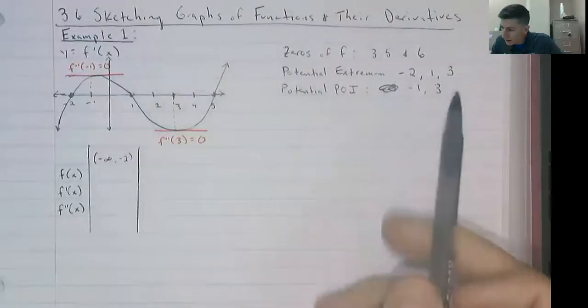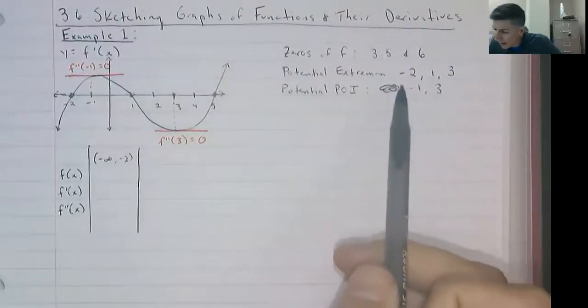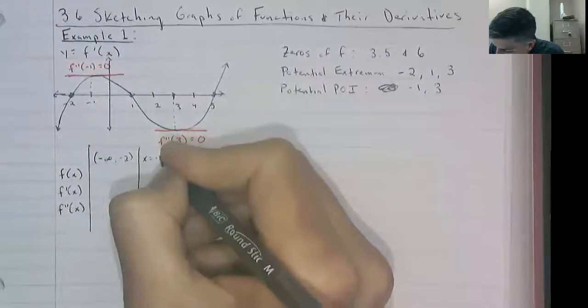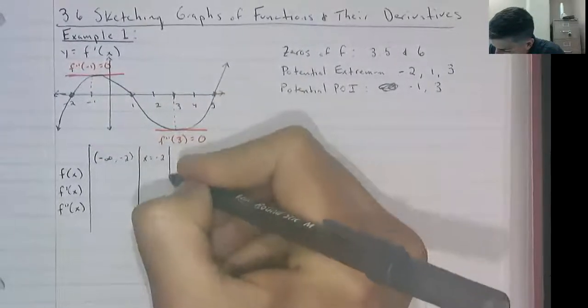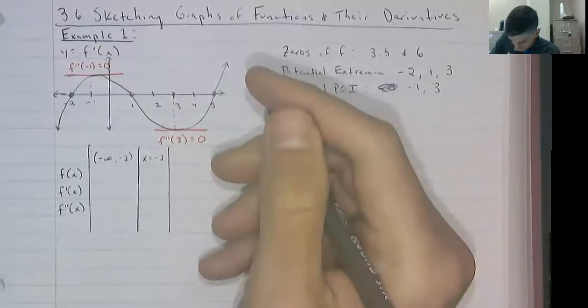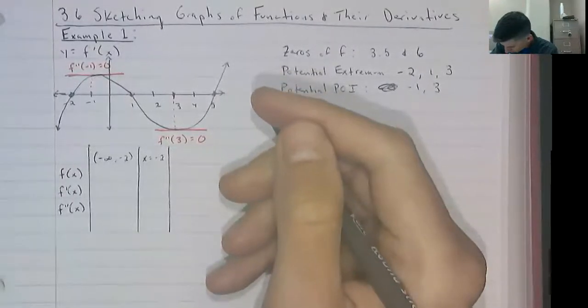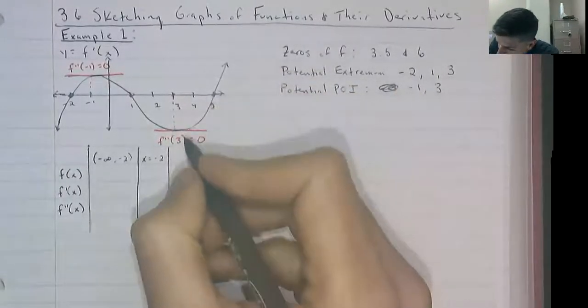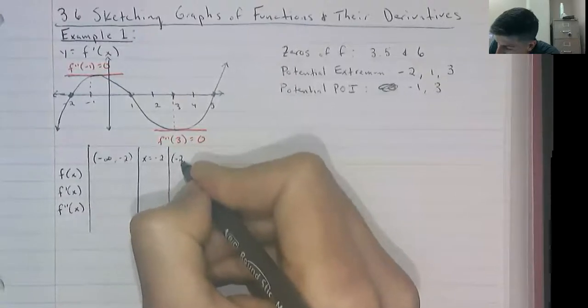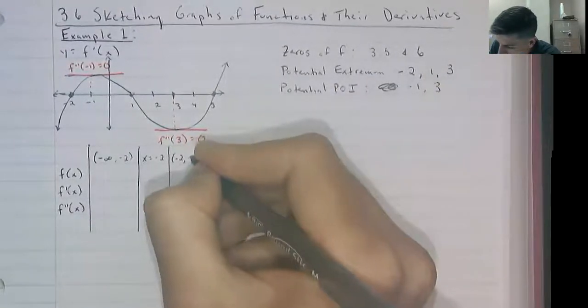Then we look at -2. Then we go from -2 to -1.